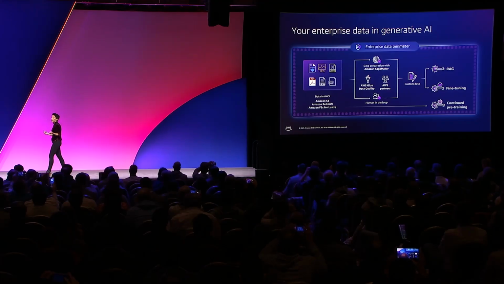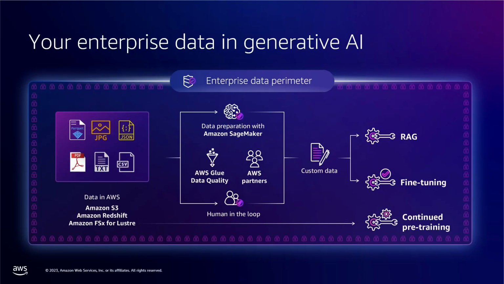Now, in the traditional ML AI world, data scientists do the data prep. But in a growing number of cases, we're seeing customers use LLMs and tools like Amazon SageMaker to do the data classification, the data labeling, and other data preparation tasks. Often, there is still a human in the loop, validating the data.